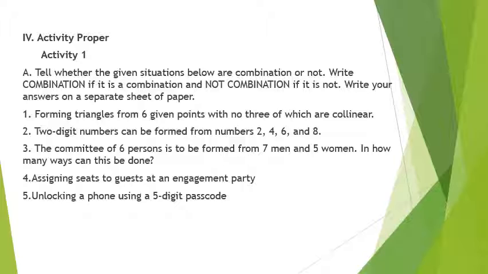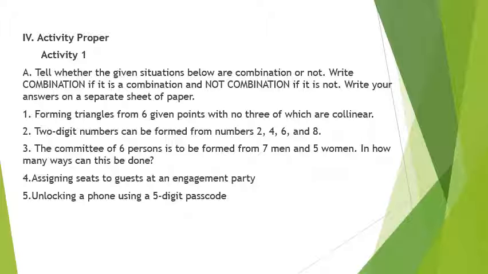We are now in the activity proper. Activity 1. Tell whether the given situations below are combination or not. Write combination if it is a combination and not combination if it is not. Write your answers on a separate sheet of paper. Number 1, forming triangles from 6 given points with no 3 of which are collinear.